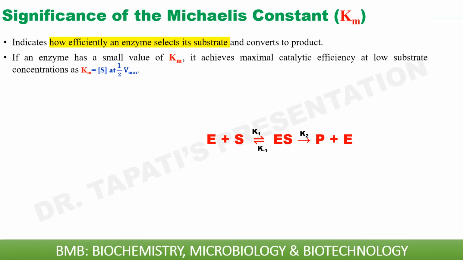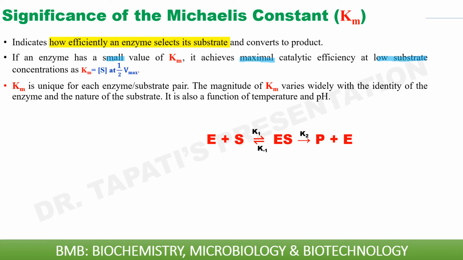If an enzyme has a small value of Km, it achieves maximal catalytic efficiency at low substrate concentrations. Km is unique for each enzyme-substrate pair. That means the magnitude of Km varies widely with the identity of the enzyme and the nature of the substrate. It is also dependent on temperature and pH.